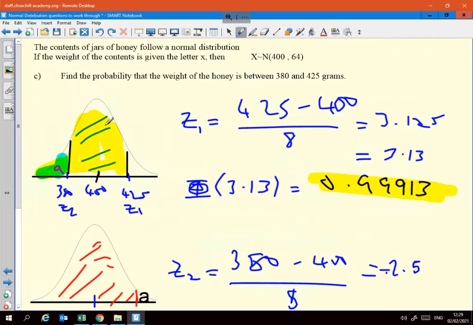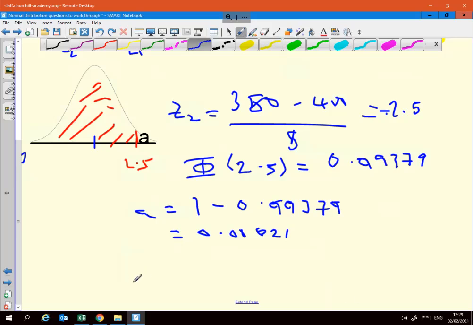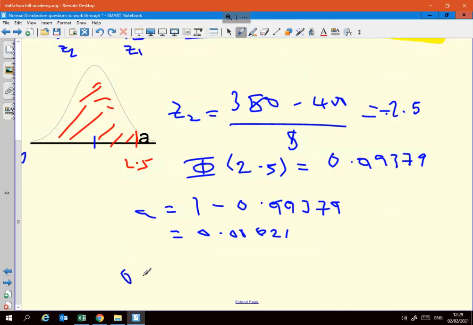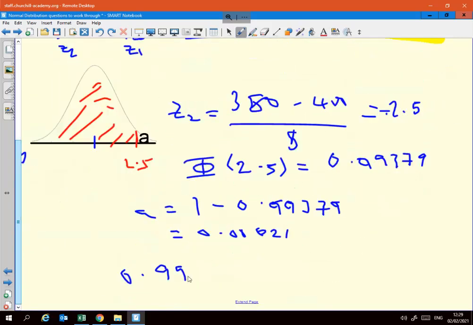So, the bit that I originally labelled with green diagonal lines is the yellow highlighted section, take off A. So the yellow highlighted section was 0.99913.